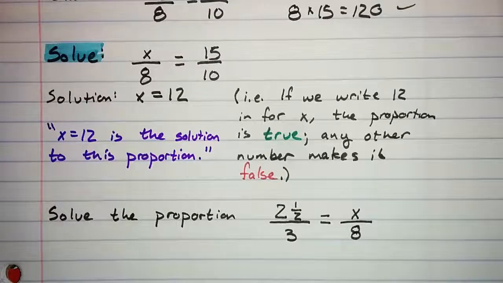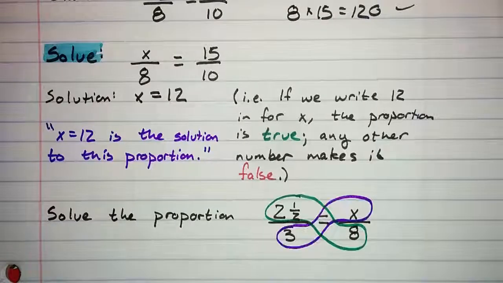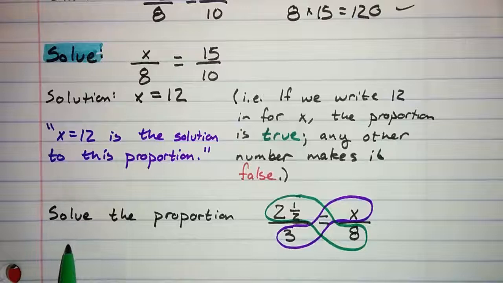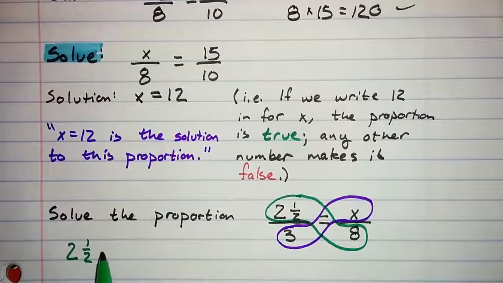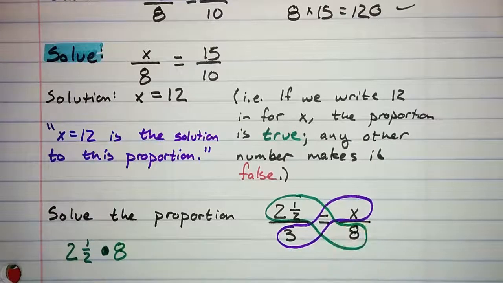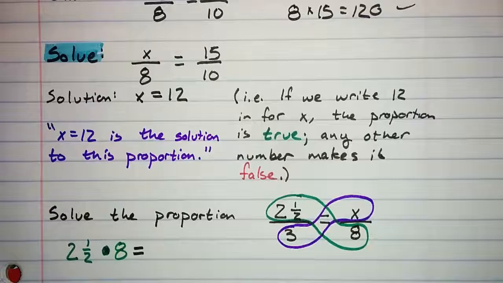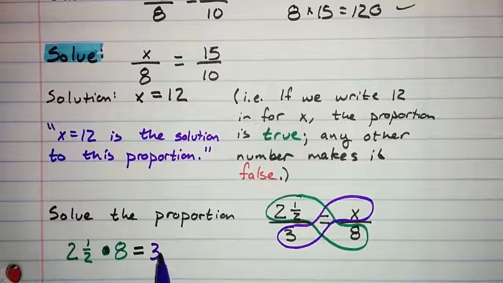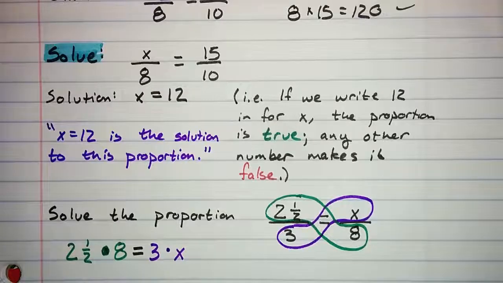Alright, so let's circle the cross products. We need to find a value of x so that 2.5 times 8, and we'll prefer to write the dot for multiplication when we have an x around so as to avoid confusion, equals 3 times my unknown number. Well, over here I can actually do this multiplication, right?